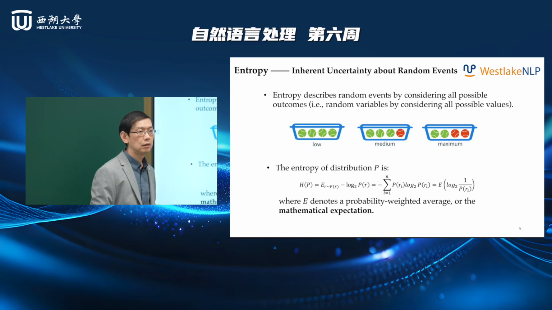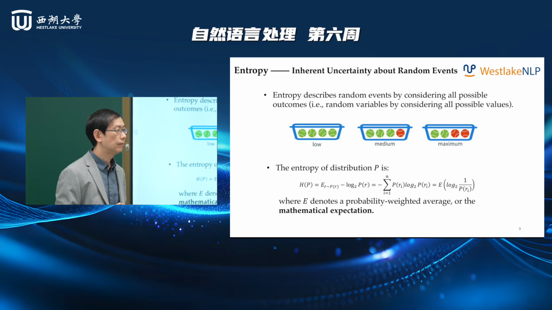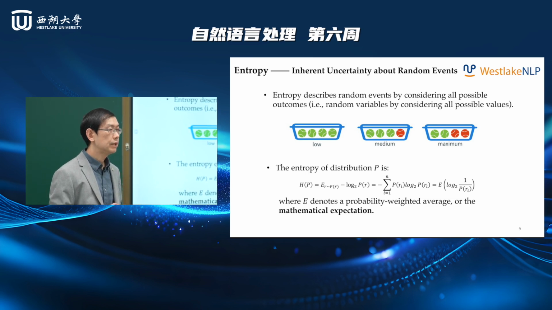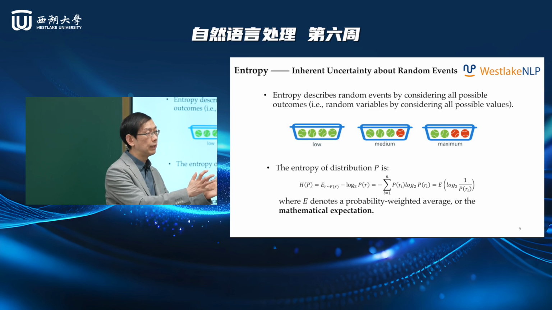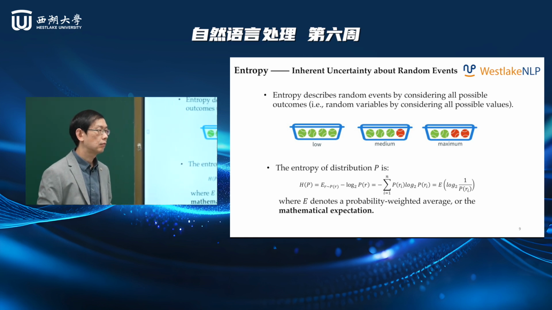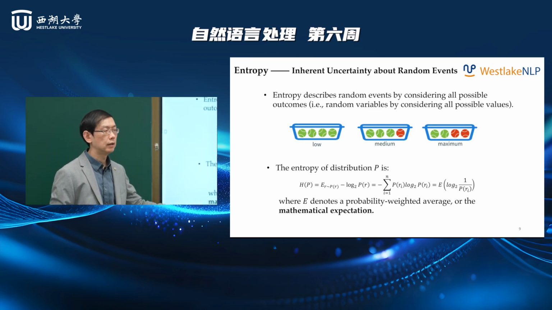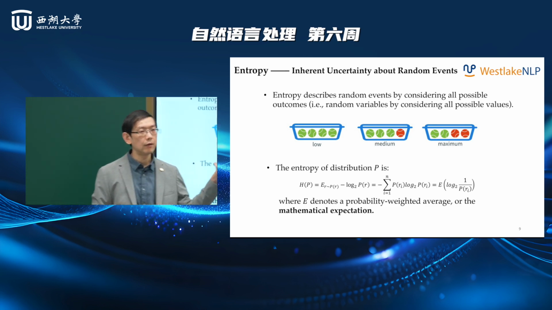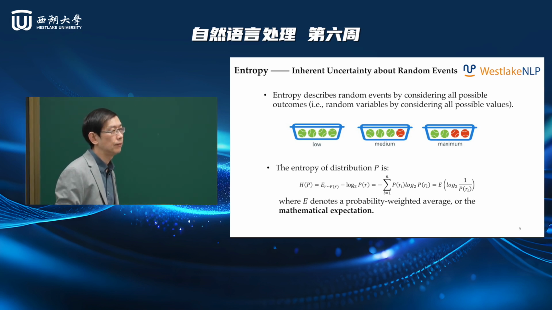You can calculate the mathematical expectation, which is the probability of red ball times the red ball information plus the probability of green ball times the green ball information. This denotes, on average, how much information I get if I draw a ball.